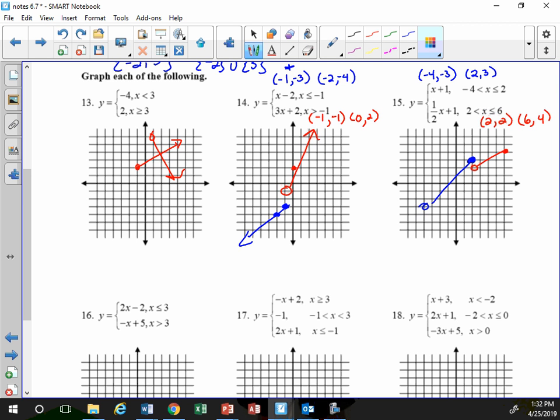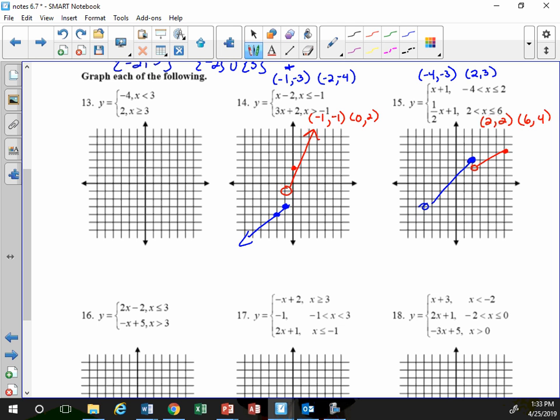They can't overlap like that. And in this case, on x = 2, one's closed and one's open. We'll never have two closed.